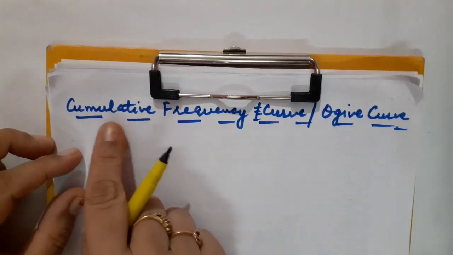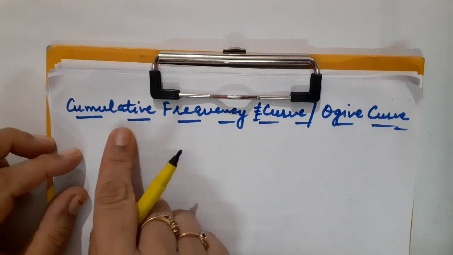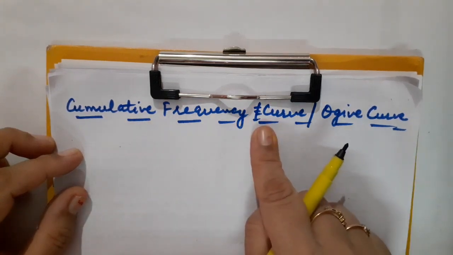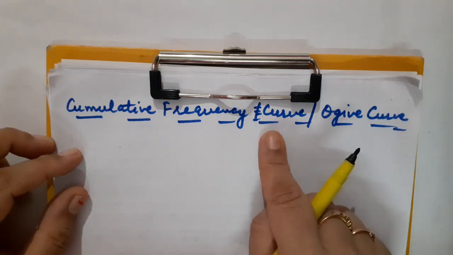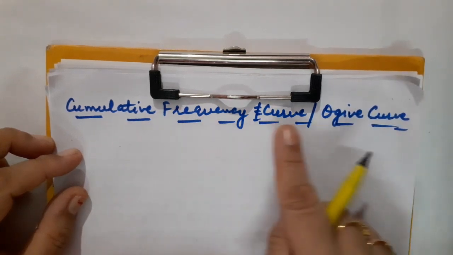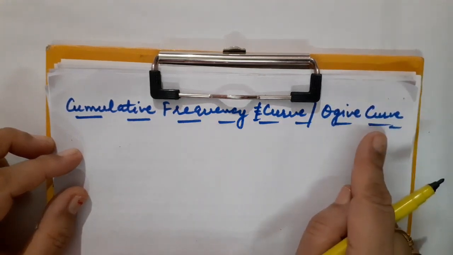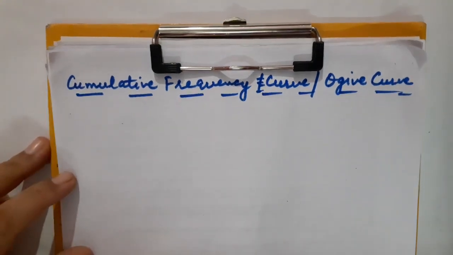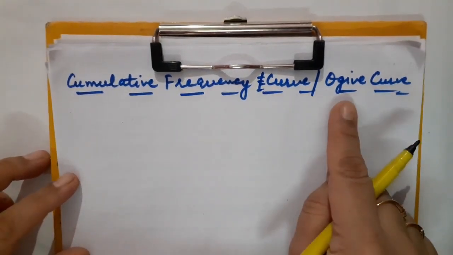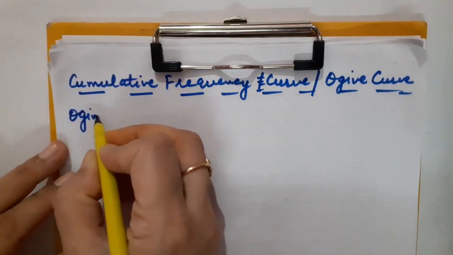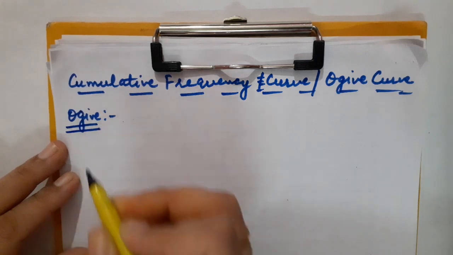Children, as it is clear from the name itself, cumulative frequency curve, it means there is a need to form a cumulative frequency distribution table first of all before we draw the cumulative frequency curve or ogive curve. Correct? But before I switch to the table, the question arises, what do you mean by ogives? So our first point is to define ogives.